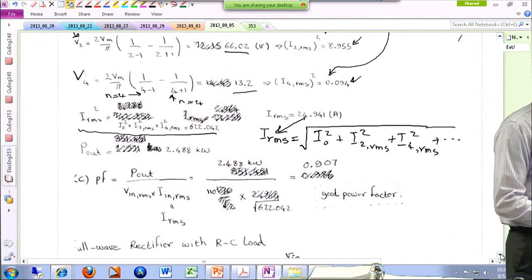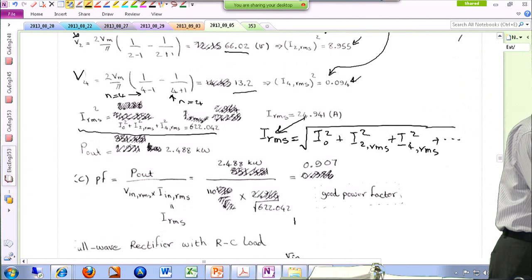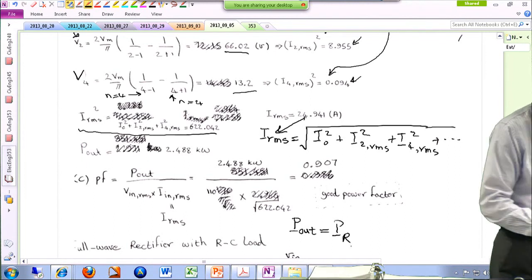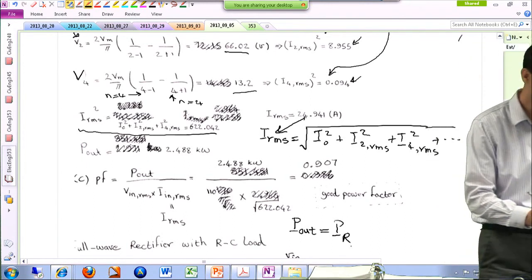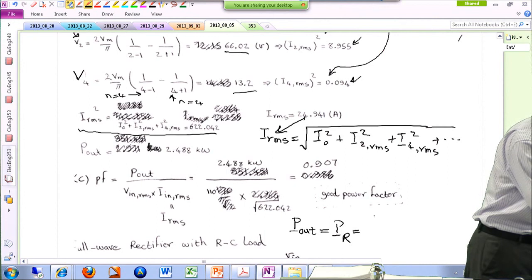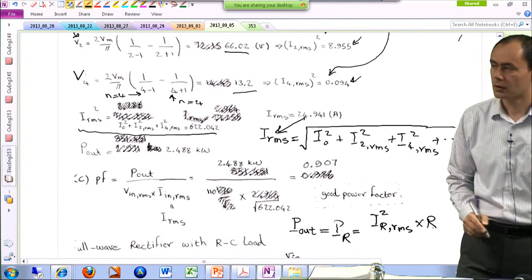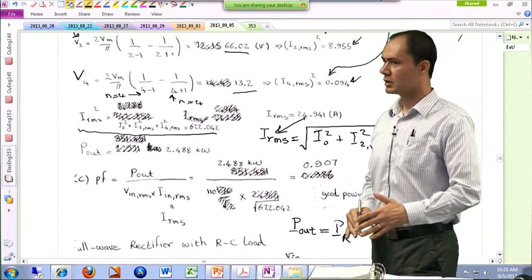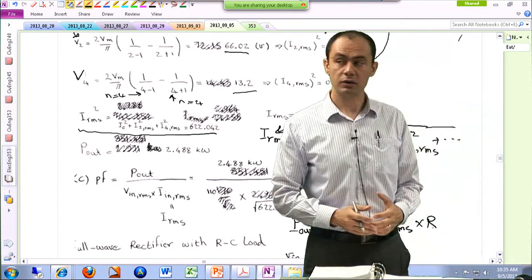So that's why when it comes to P_out, all I am doing is actually trying to find P_R, power loss in the resistor. For any given resistor, if you're trying to find that, it would be I_R, okay, times R. So the value of the resistor times the square value of its RMS current.